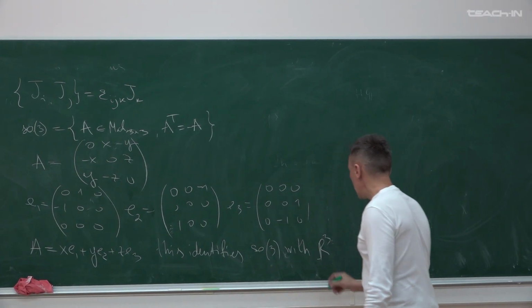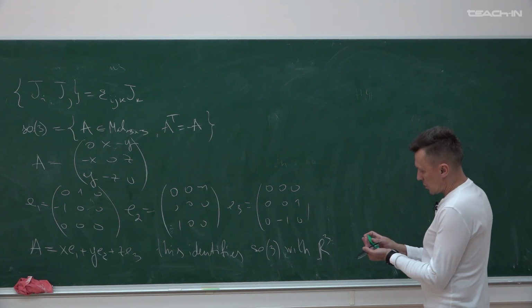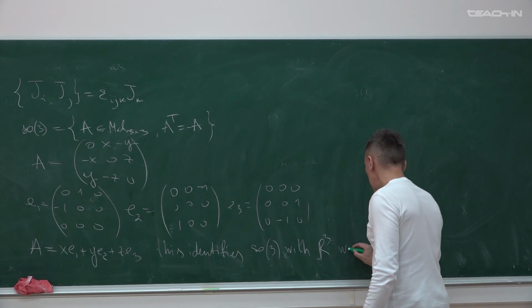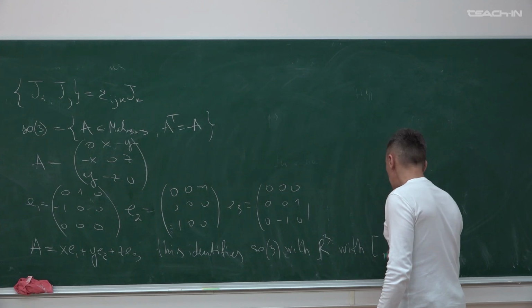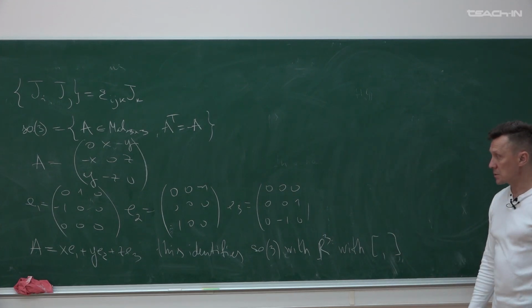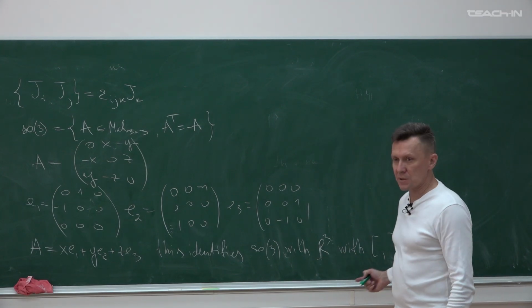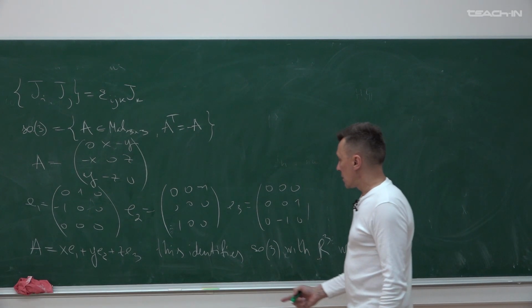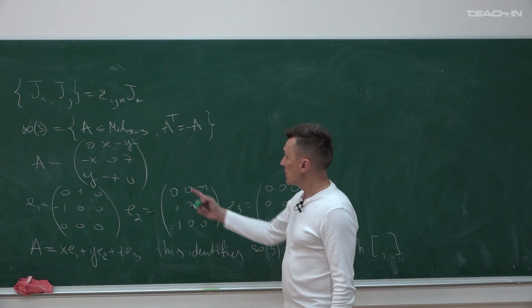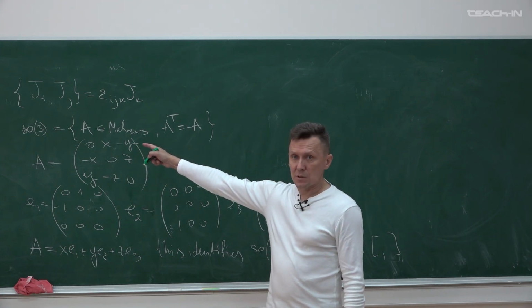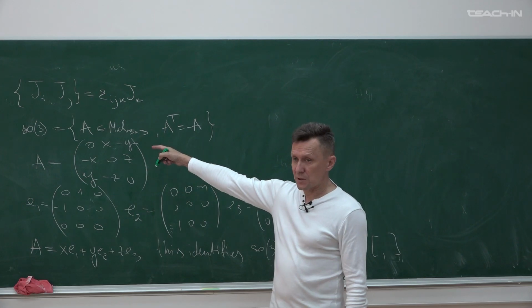R3 with just the vector product. You see, R3 with the vector product is a Lie algebra. And SO3 is also a Lie algebra with respect to the commutator of matrices.